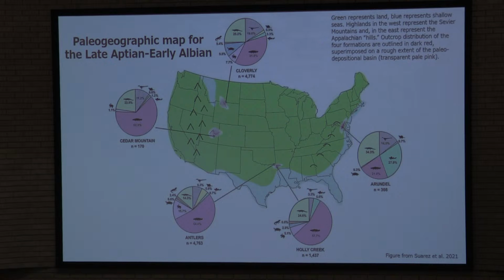So we're able to look at the fossils from all these different sites across the country and compare them to each other. And one of the things that we're finding is that while things in the Antlers and the Holly Creek are somewhat similar to what we see in the Cloverleaf and the Cedar Mountain, they more match up with the Arundel, which isn't terribly surprising.